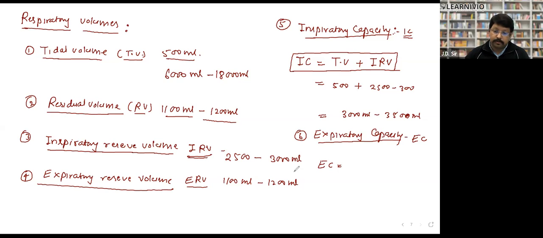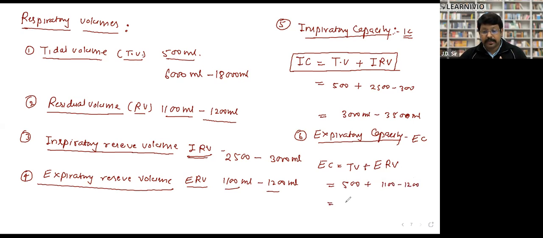So the volume which I normally take, that is TV, plus the volume I can forcefully expire, ERV. TV is 500 ml, and we have studied ERV is 1100 to 1200.